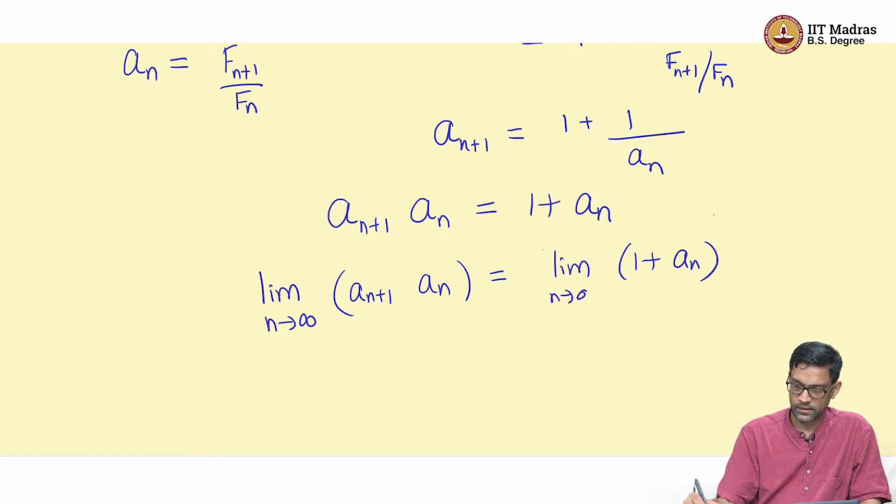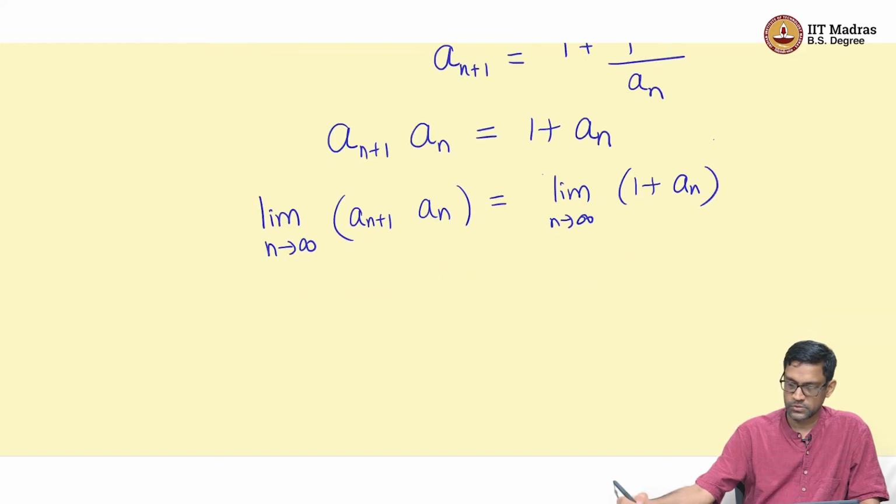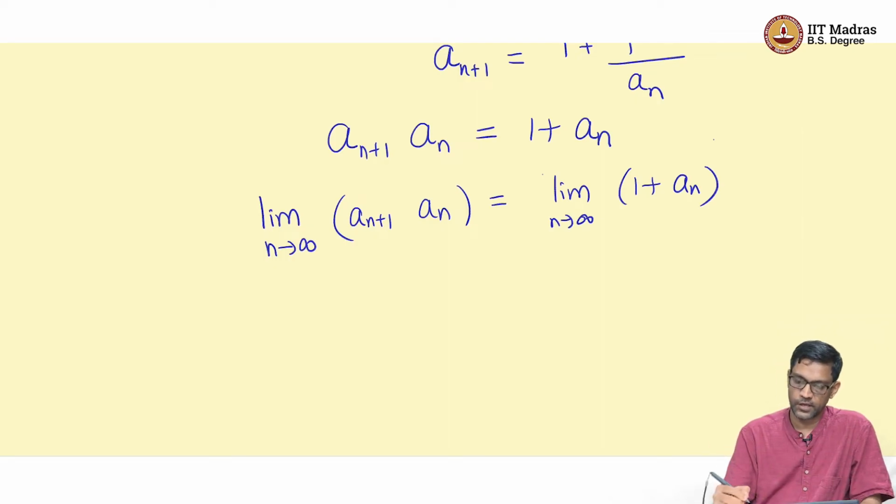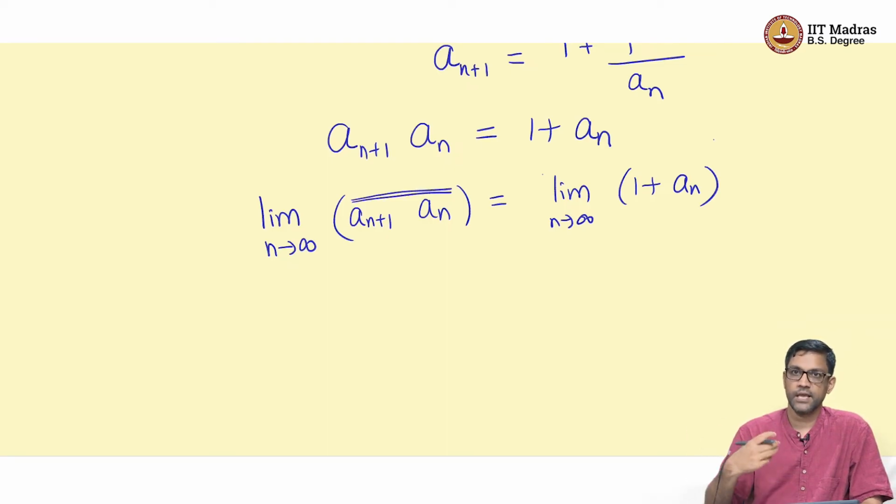Recall the properties of limits, which say that if I have two sequences, the limit of the product sequence, whose nth term is the product of the nth terms, is just the product of the limits. I can think of this product as two sequences, one of them is a_n, the other is a_(n+1), just shifted by 1.